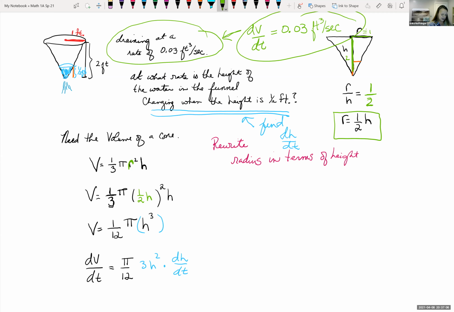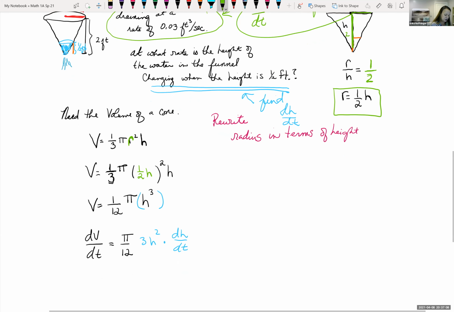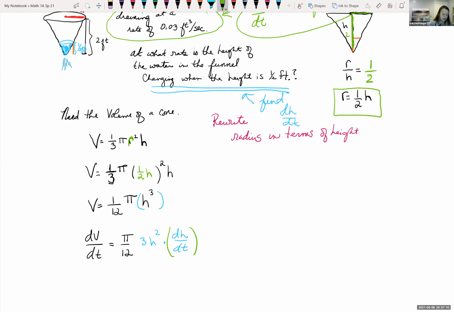So we're going to start plugging in things. We're actually trying to find dH dt, so maybe we could get that by itself first and then plug in. So I notice 3 and 12, 3 goes into 12 4 times. I could multiply both sides of my equation by the reciprocal to get dH dt by itself.